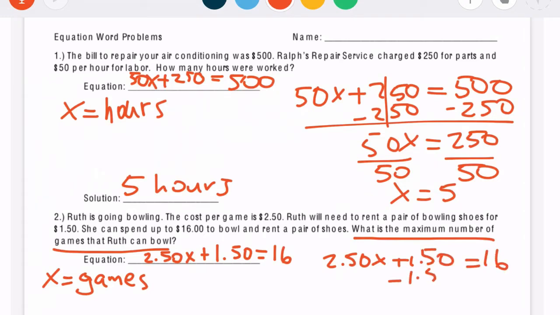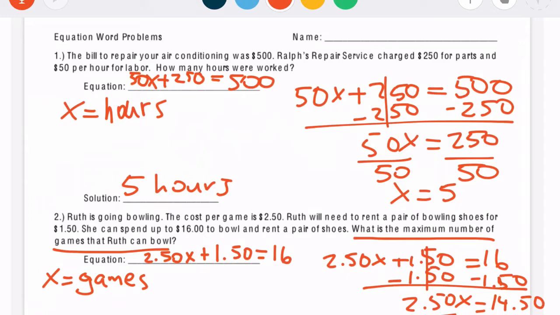So if I solve this, 16 minus $1.50 is $14.50. And then it looks like x is going to equal 5.8. So x equals 5.8.